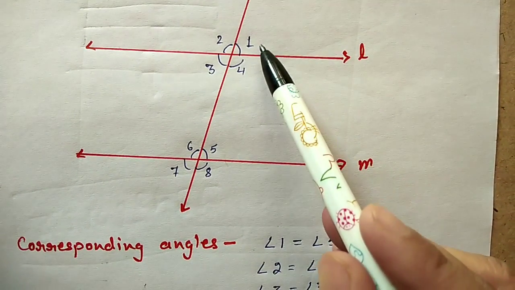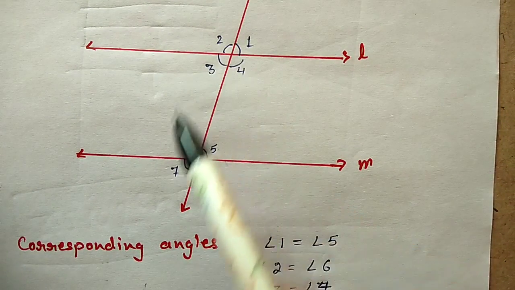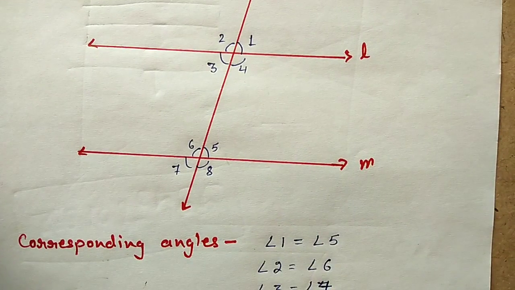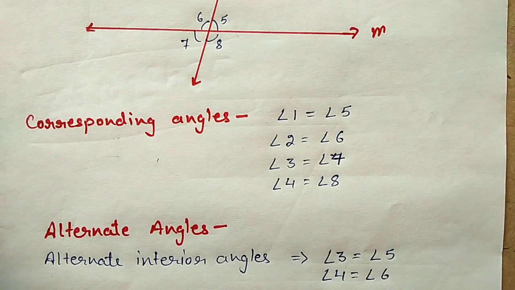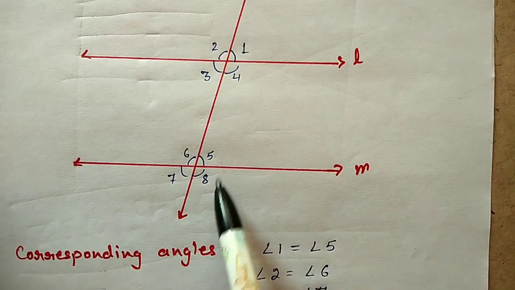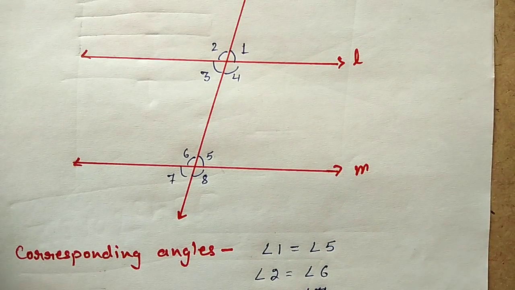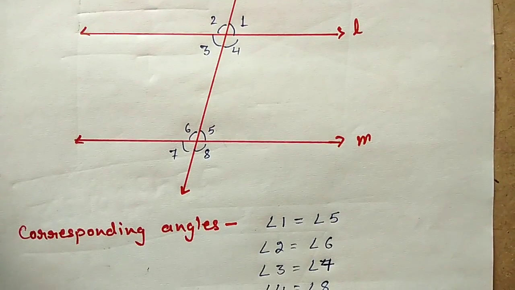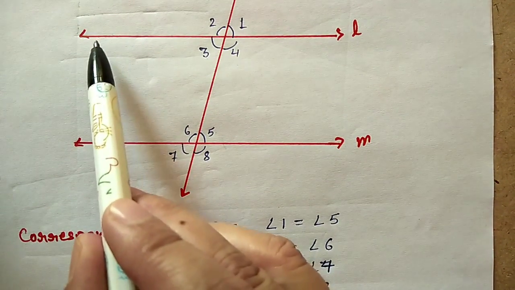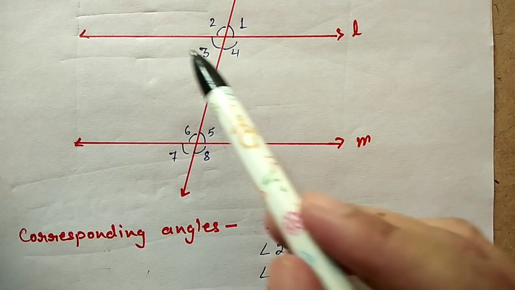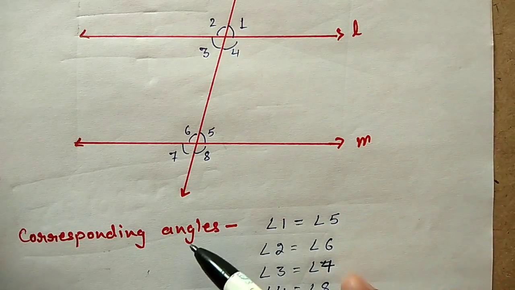So we can say 1 is equal to 5, 2 is equal to 6, 3 is equal to 7, 4 is equal to 8. Next one is alternate angles. Alternate means one angle is on one side and the other angle is on the opposite side. And alternate angles are also of two types: interior and exterior. Interior means we have to see the angle between these two lines, inside these two lines. And exterior means outside these two lines.